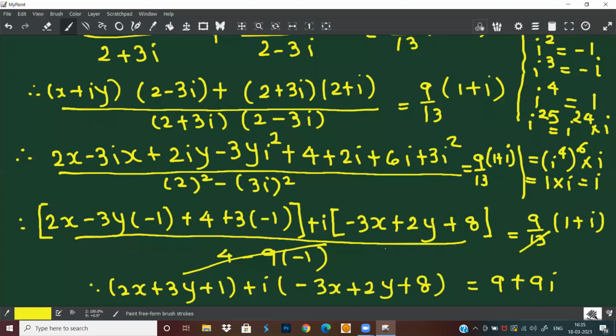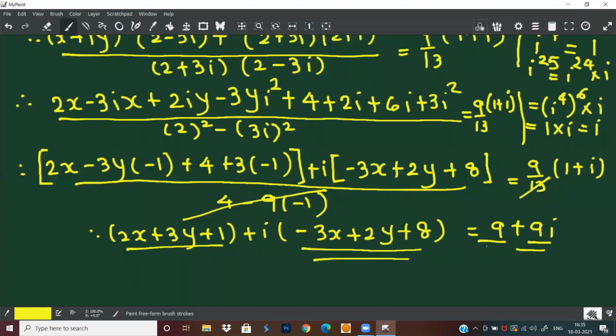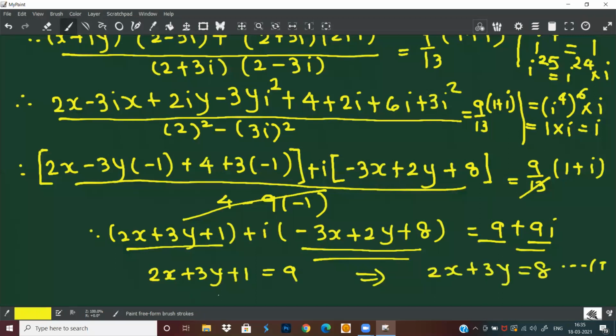Only if it is a subjective paper, you need to write, equating the real and imaginary parts on either side. So 2x plus 3y plus 1 is equal to 9, which gives 2x plus 3y is 8. Call it equation number 1. And minus 3x plus 2y plus 8 is equal to 9, which gives minus 3x plus 2y is 1.